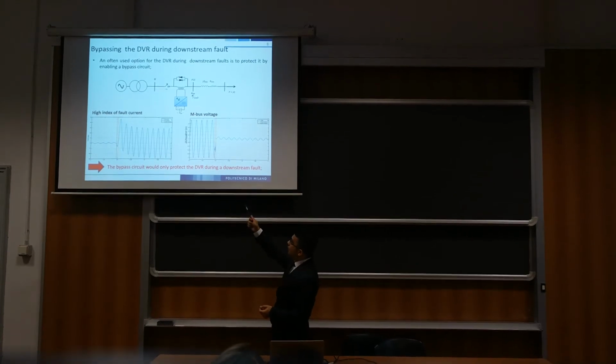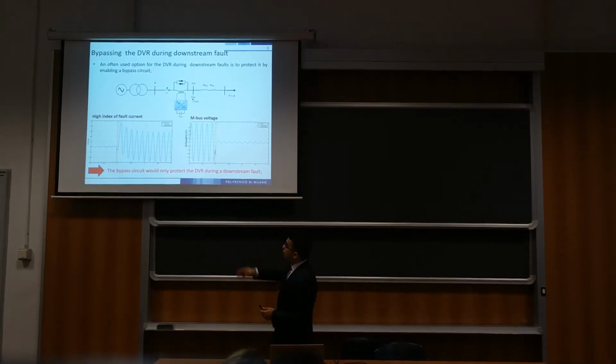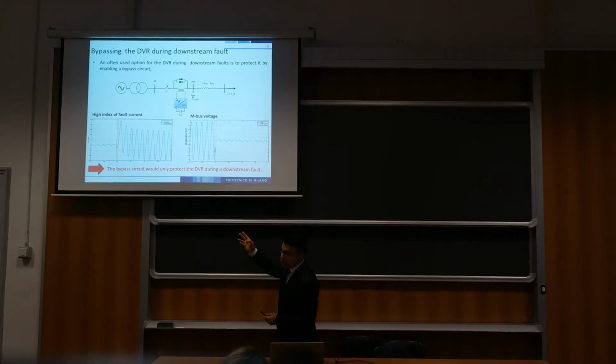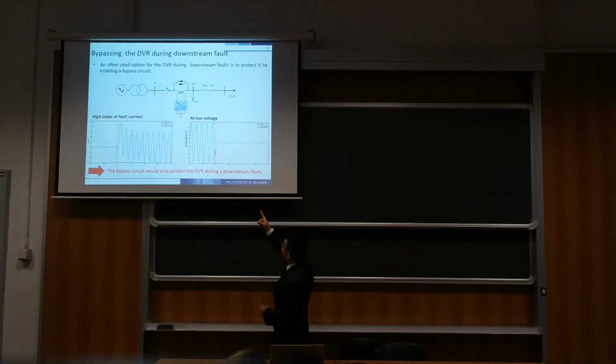You see the high index of fault current, which is as high as 45 per unit, and also the bus voltage upstream of the DVR. The very low value is due to voltage drop across the static switch of the bypass.